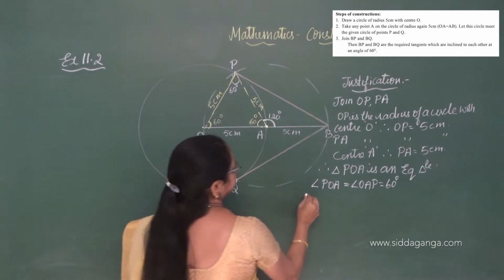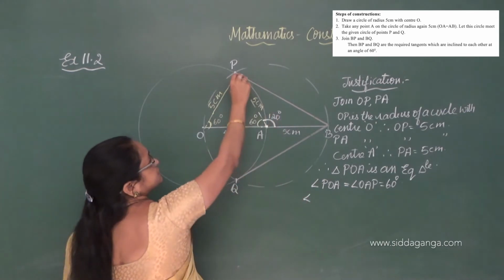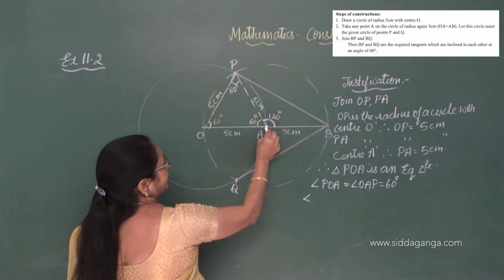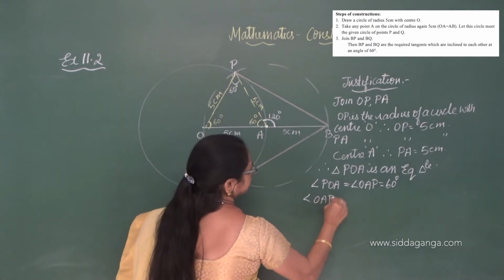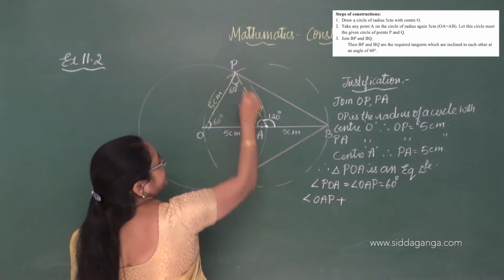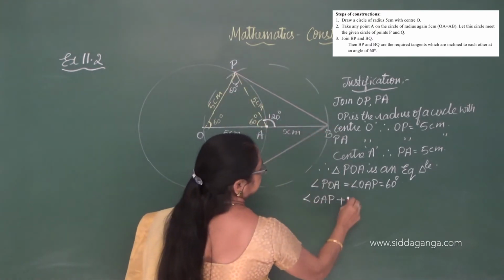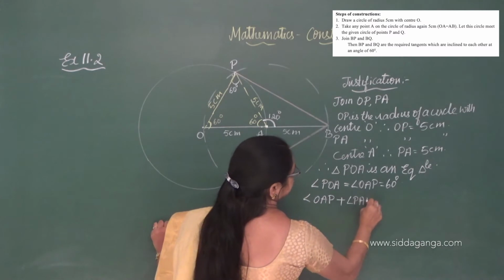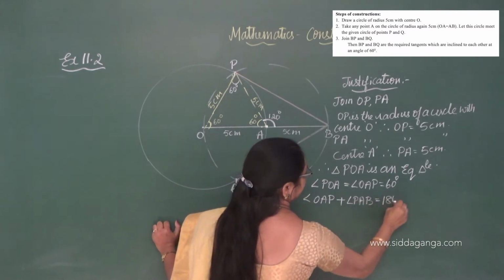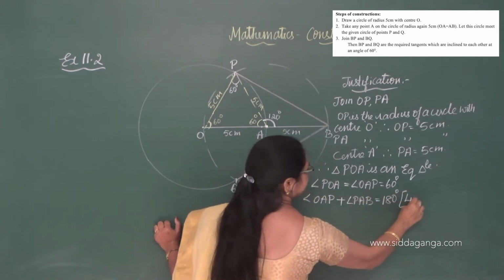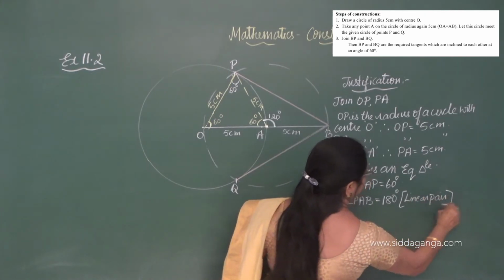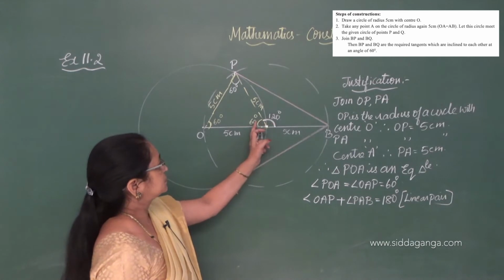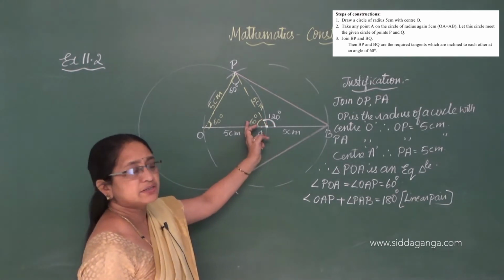Now next, angle, please listen, this is important, angle PAO or OAP, angle OAP plus angle PAB is equal to 180 degree. Why? Because linear pair. I hope you understood. These two angles are linear pair.